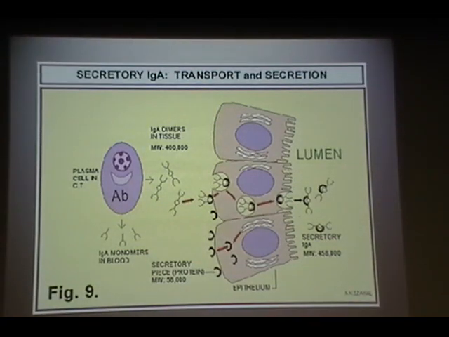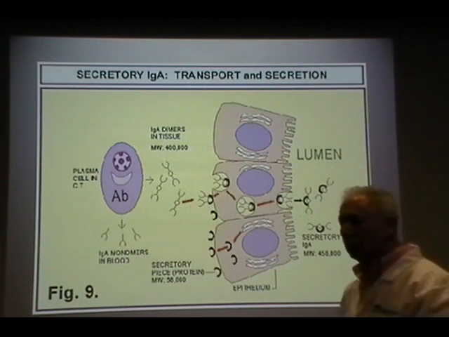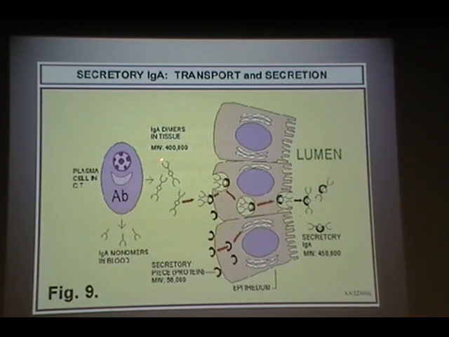So let's assume you inject Strep mutans near the submandibular gland or near the parotid gland. All right? Plasma cells that will pump out secretory IgA, both monomeric and dimeric IgA molecules against all kinds of different antigens from the organism that you injected, will be produced.